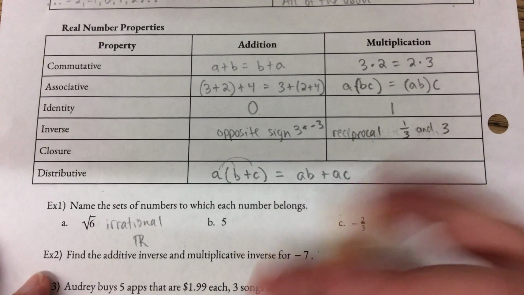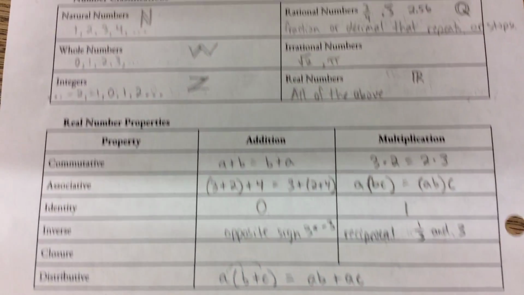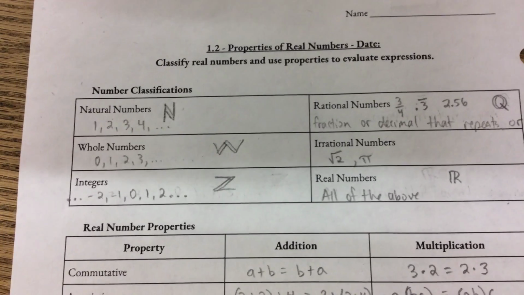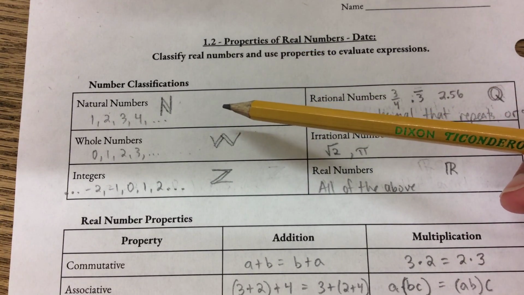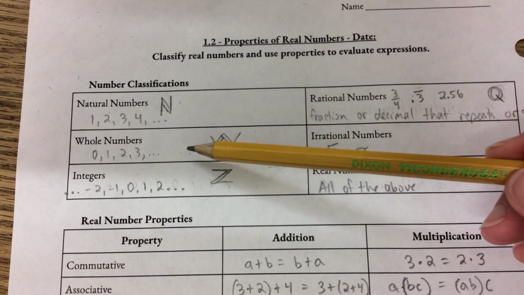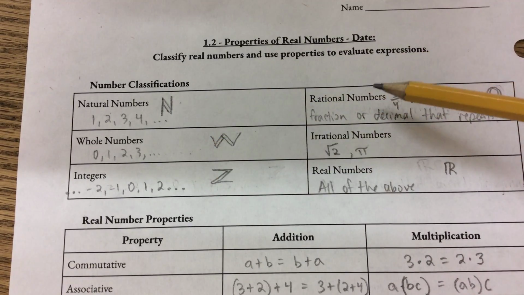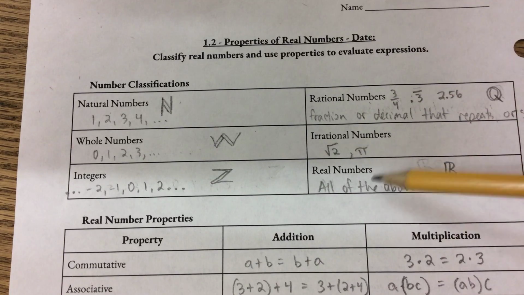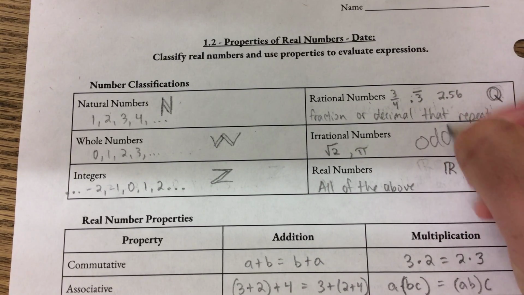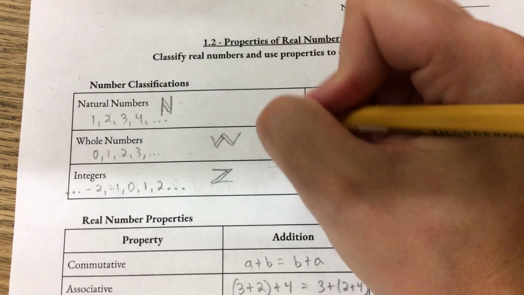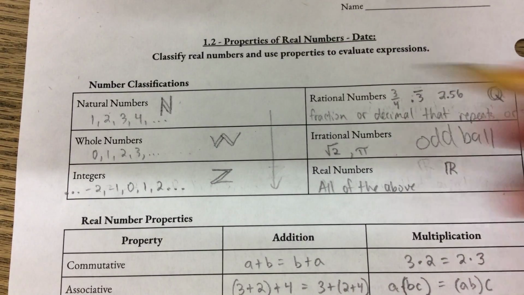The number 5, if I look back at these, number 5 falls into the natural numbers. And then all the natural numbers are also whole numbers, which are also integers, which are also rational numbers, which are also real numbers. So this is kind of the oddball here, but these kind of go like this, where they all connect to each other.